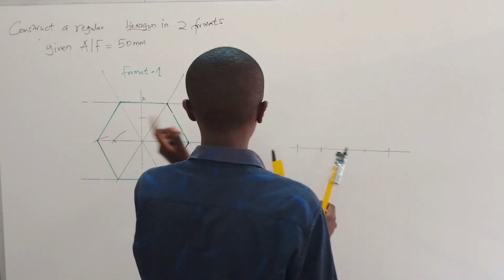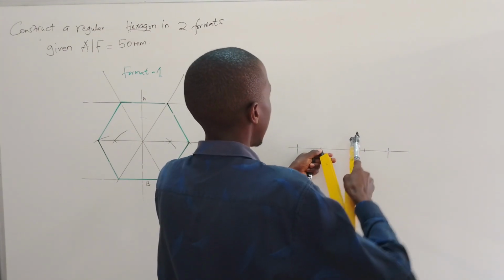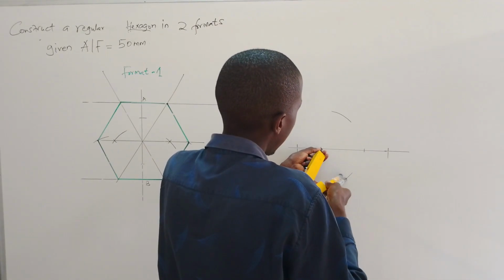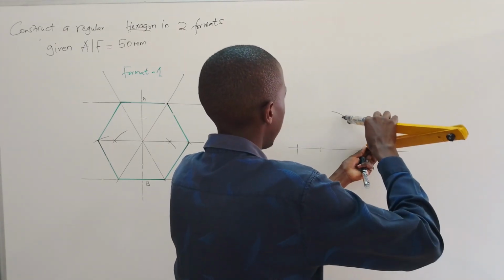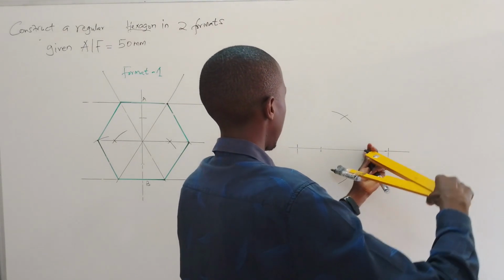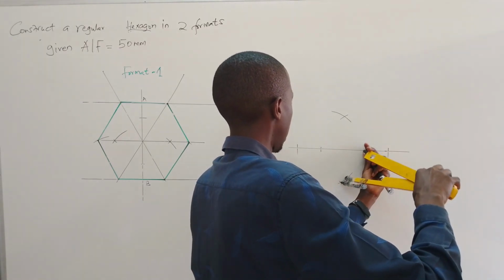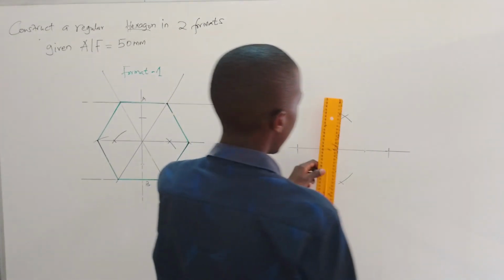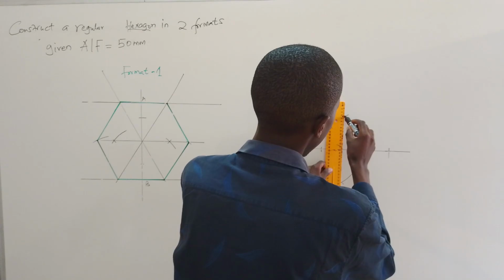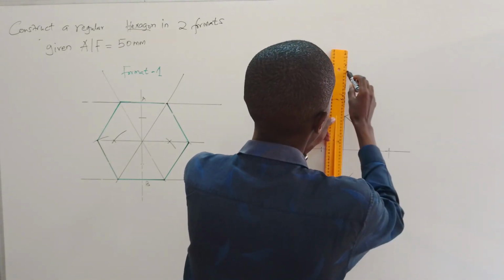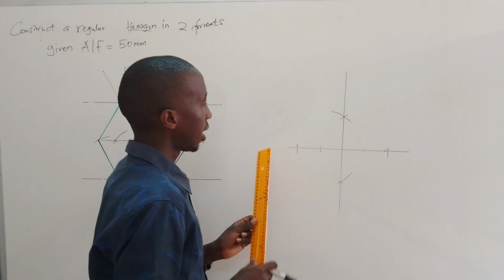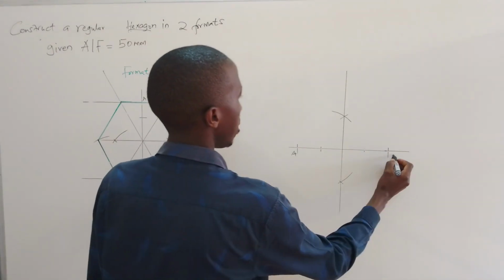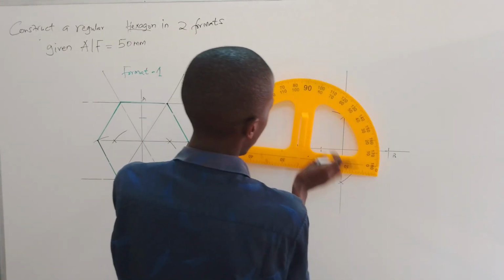The same as format 1, but this one is horizontal. So just mark here, and then I'll have that, and then have this. So I am producing a perpendicular. So this one will meet perpendicularly. This is a vertical line, so I'll just produce this. Now we again produce from this A, B, perpendiculars.